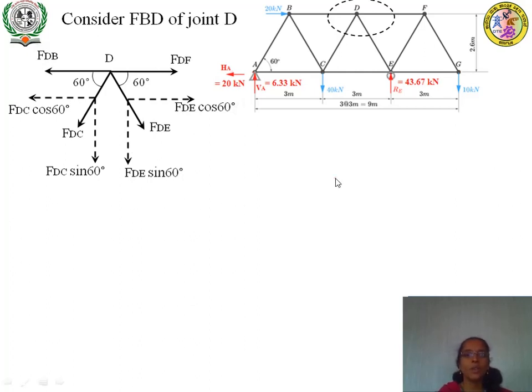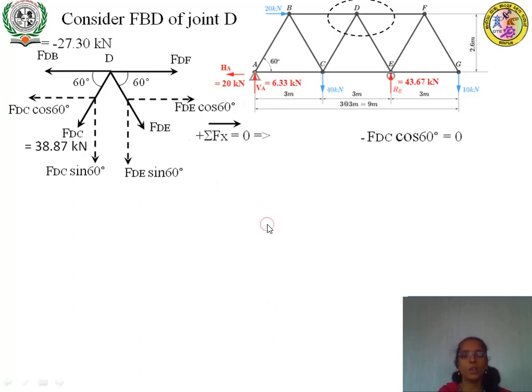Now we can apply. Before that, we know that the force in member DC is 38.87 kilonewton and that of DB is minus 27.3 kilonewton. Now apply sigma Fx equals 0, which implies FDF minus FDB plus FDE cos 60 minus FDC cos 60.